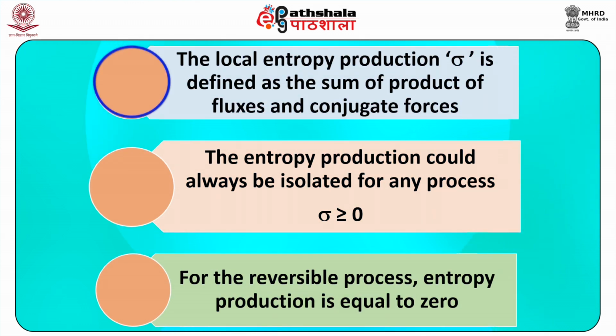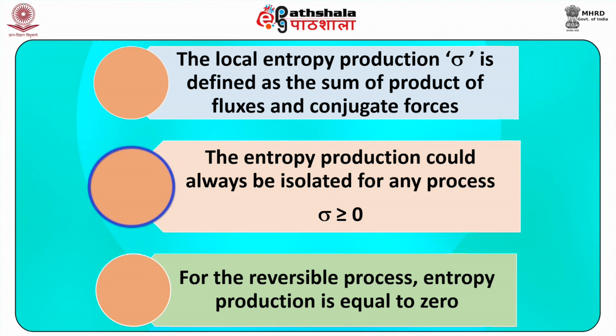The next postulate is that the local entropy production sigma is defined as the sum of products of fluxes and conjugate forces. The entropy production could always be isolated for any process. It is also equal to or greater than 0. That is, sigma is always greater than or equal to 0.